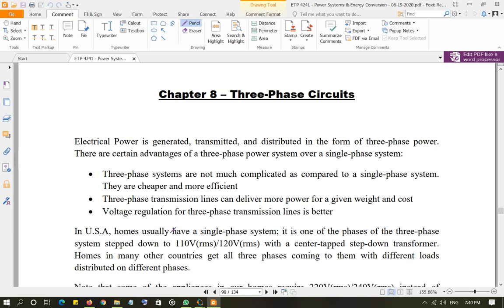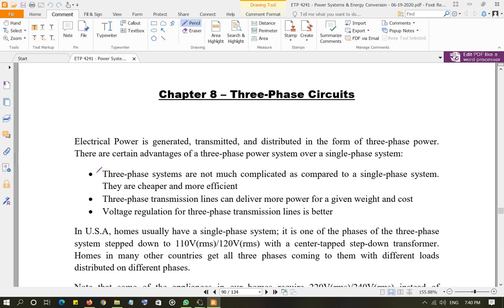But as far as generator construction is concerned, the construction of a single-phase generator and a three-phase generator are pretty much similar, except the armature, where you have the winding, or if the winding is on a stator, then of course the stator.